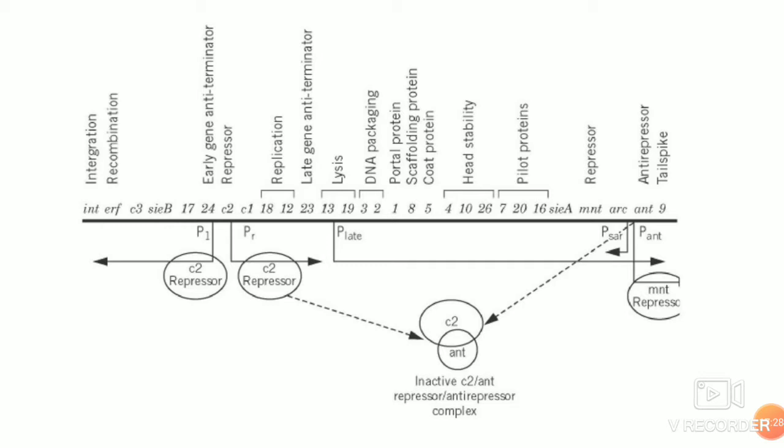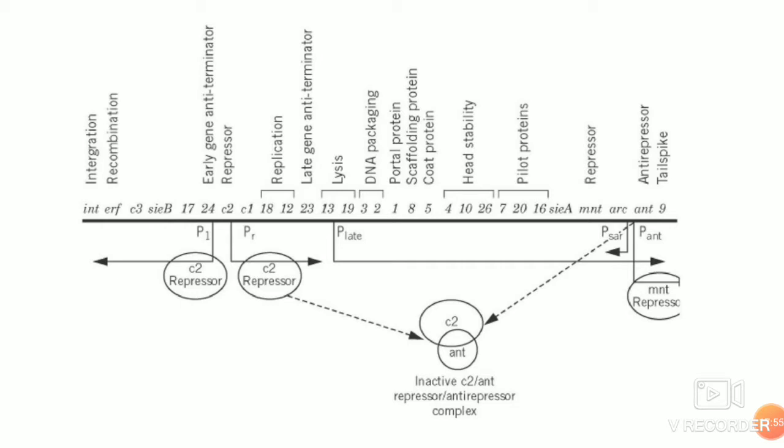In a lysogenic state, the bacterial chromosome carries an integrated copy of the bacteriophage chromosome, termed the prophage. In the prophage, the genes responsible for growth of the phage and subsequent death of the host are repressed through the action of a specific repressor system.